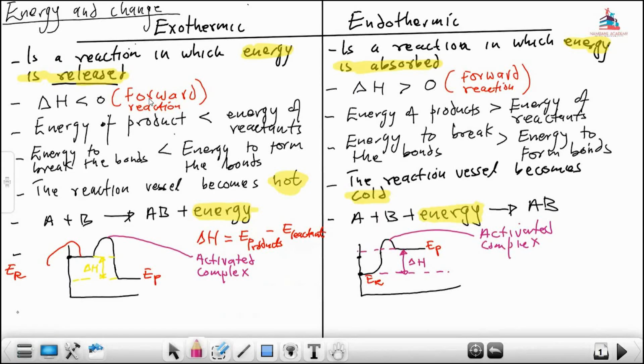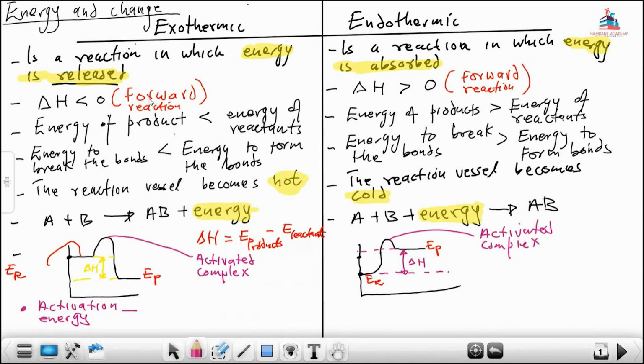And the other keyword now that we need to be looking for is the activation energy. Anyone who can help? What is an activation energy? Anyone? Sir, Yes, Lindiwe. It's the minimum energy needed to allow a chemical reaction to occur. Very true.